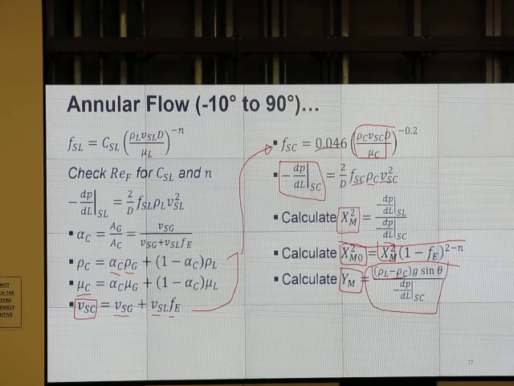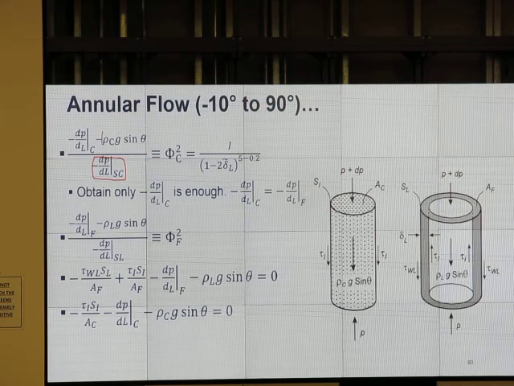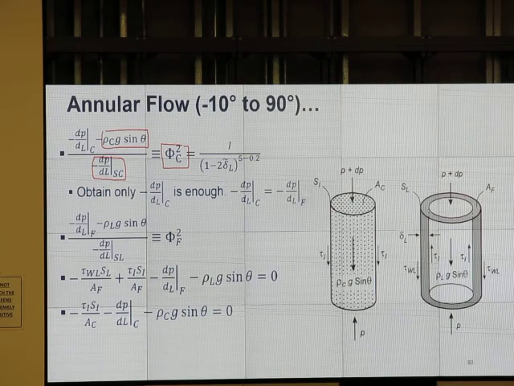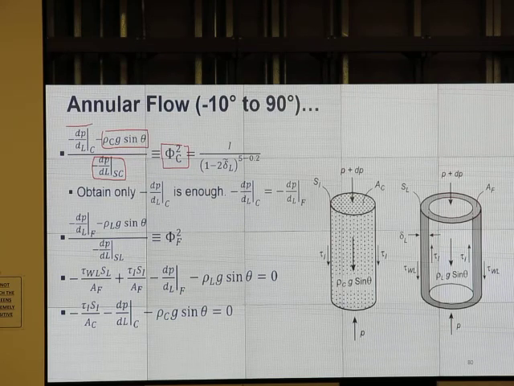It's not the real pressure drop, but it's known. Core density times g sine theta, that term is known, and that term is known. Okay, I rearrange it, then I can get minus dp/dl sub c.